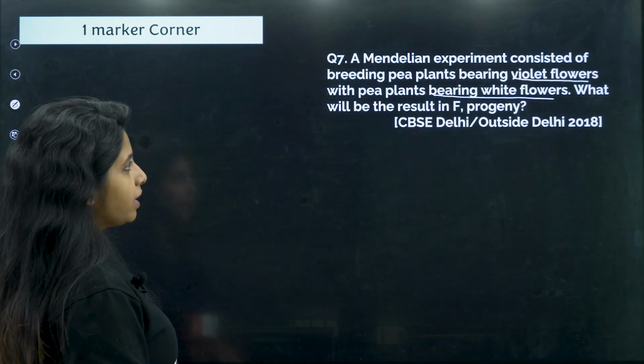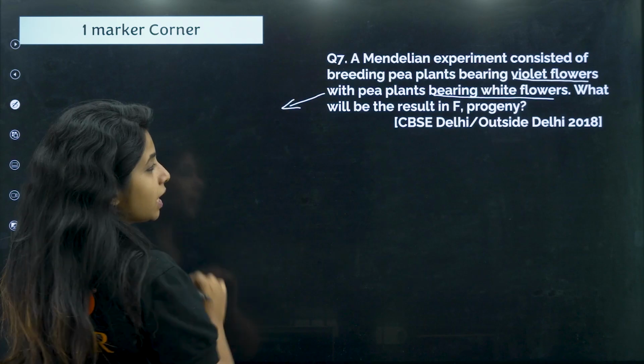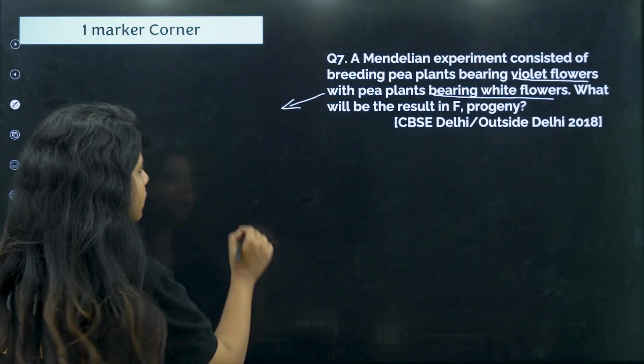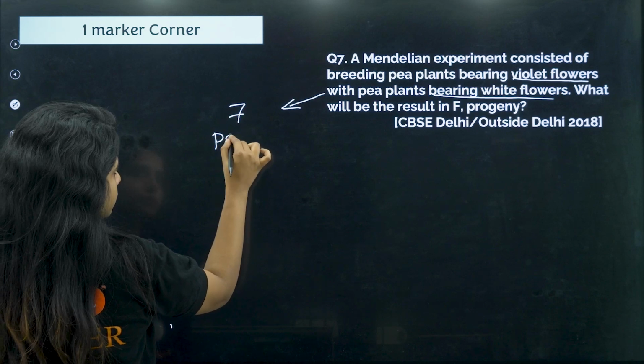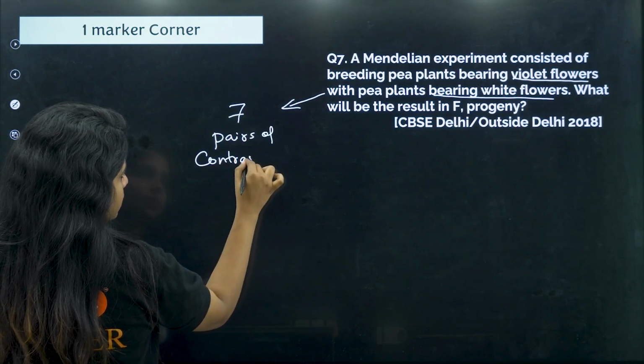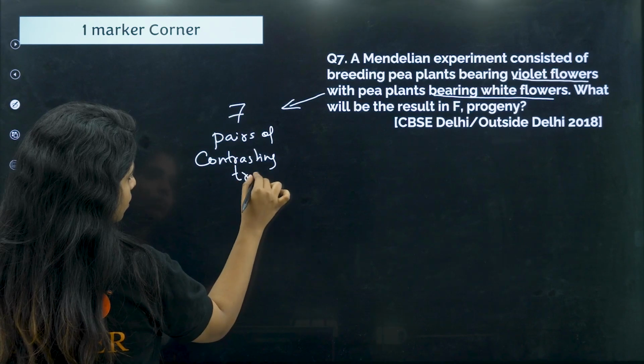Basically, children, there are 7 pairs of contrasting traits that Mendel gave. Contrasting as in opposite traits.